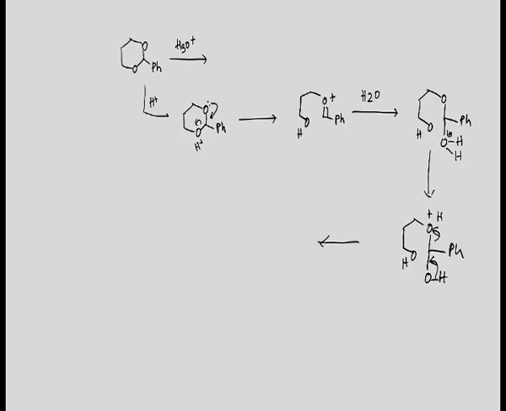And then you get your diol plus benzaldehyde. So, the question can be asked that if you do the hydrolysis of these acetals, what will you get? So, you will get benzaldehyde and 1,3-propanediol.